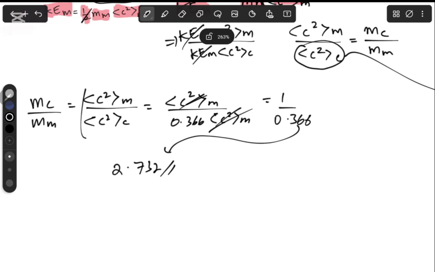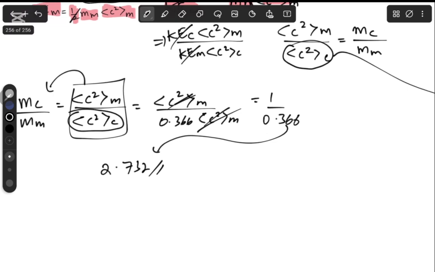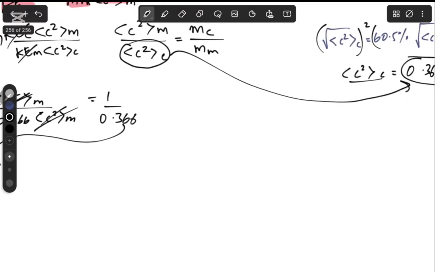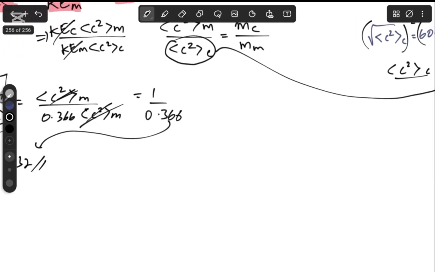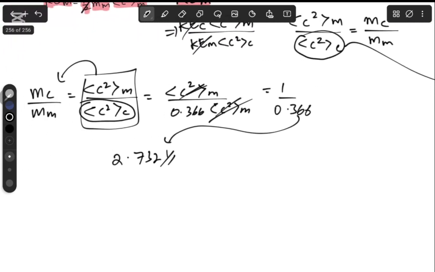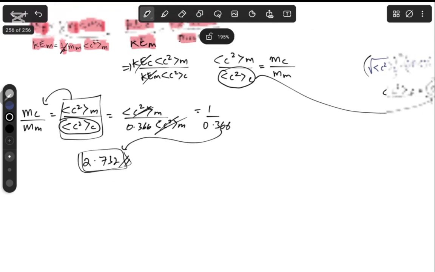Now remember, this expression is equal to the mass of carbon dioxide divided by the mass of methane. And I just, instead of writing the mean square velocity of carbon dioxide, I just substituted it with 0.366 times the mean square velocity of methane, and I got the answer as 2.7, which is the final answer.